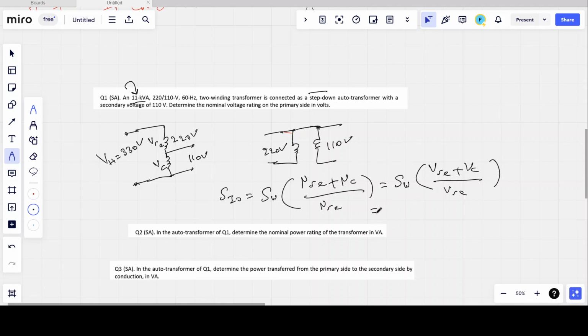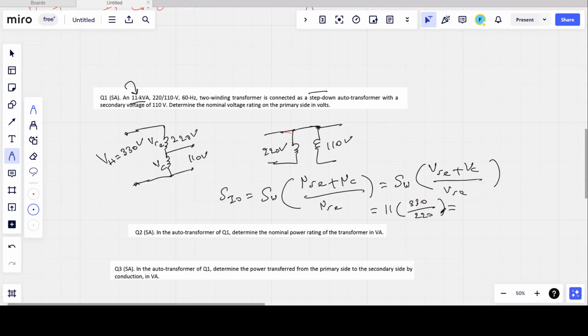Now, SW is 11 kilo, so I just write it as 11, and then VSE is 220, and VC is 110, so overall that's 330 divided by VSE, which is 220.